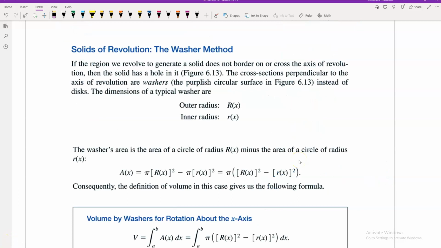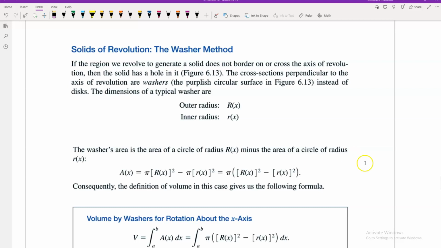Now in this part we have solids of revolution, the washer method. If the region we revolve to generate a solid doesn't border on or cross the axis of revolution, then the solid has a hole in it.